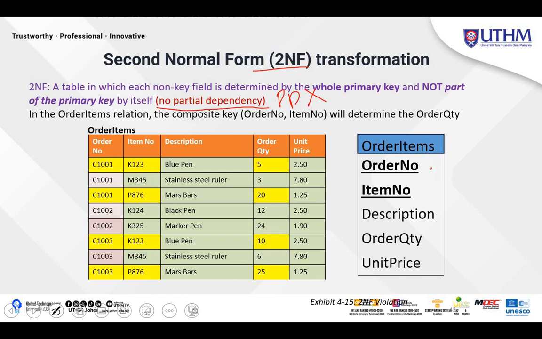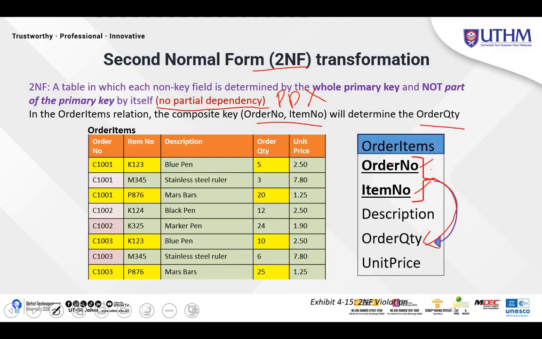So 2 keys, 1 and 2, but when we have this kind of 2 keys, not both of these keys will determine all the other attributes. In this case, order number and item number together determine the order quantity.